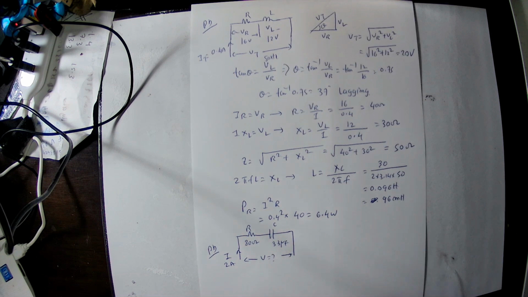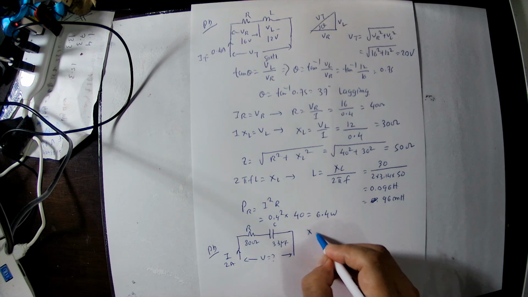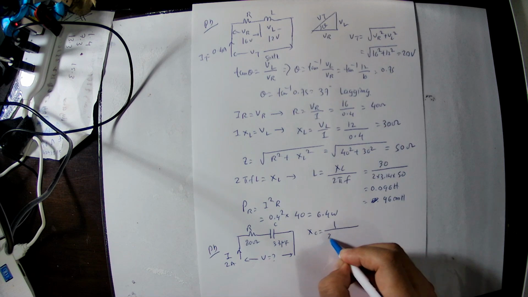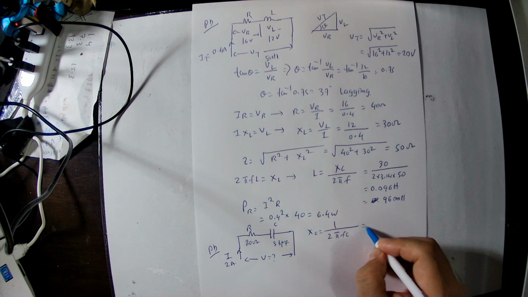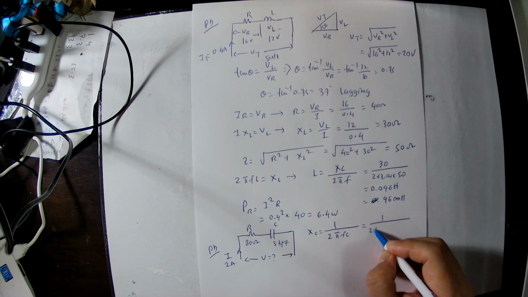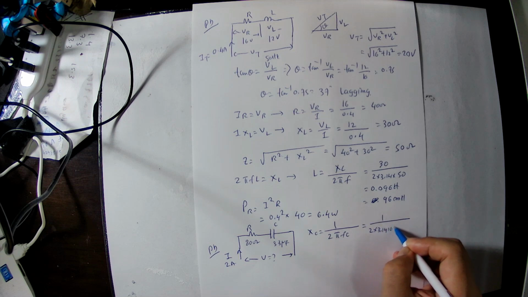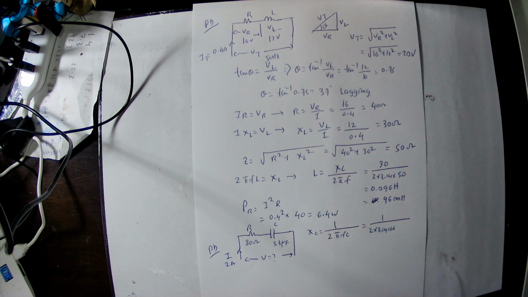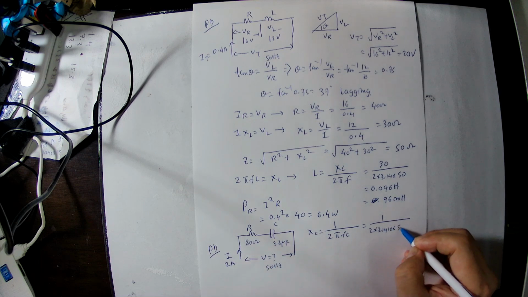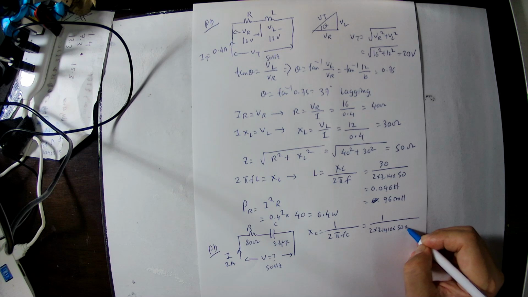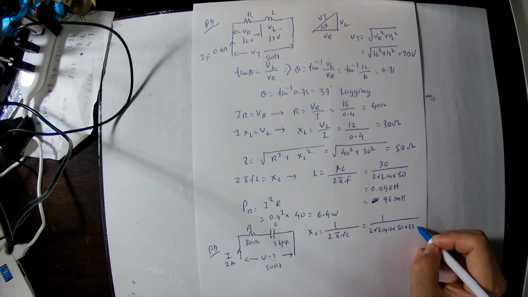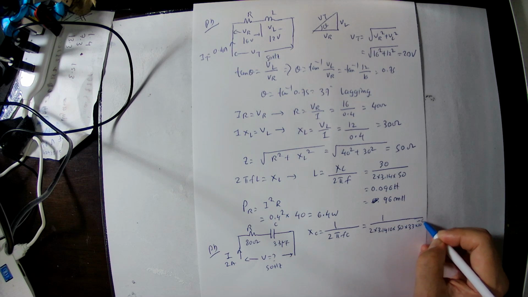So firstly, we have to find out the capacitive reactance XC, which is 1 divided by 2 pi f C. 1 divided by 2 times 3.1416, frequency is given, 50 Hz supply, capacitance 33 microfarad. Microfarad converted to farad, so multiply 10 power minus 6.